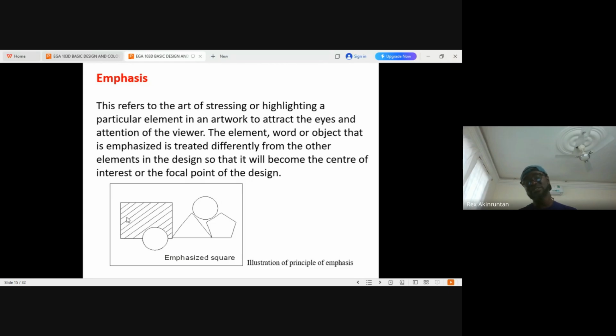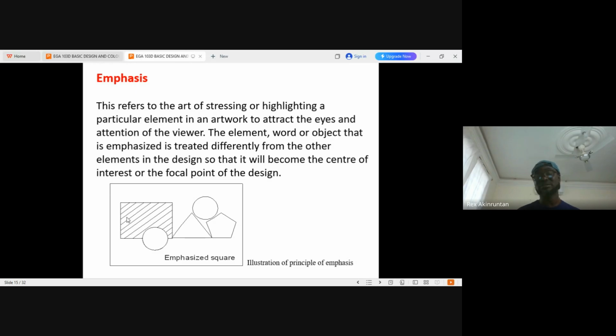And I give you a typical example in garment designs, how a lot of emphasis is made. Even when you wear some of these kaftan dresses, you see that they do some beautiful embroidery around the neck area, all the way down to the chest, to the abdomen area. And you notice that these embroideries are beautifully done.